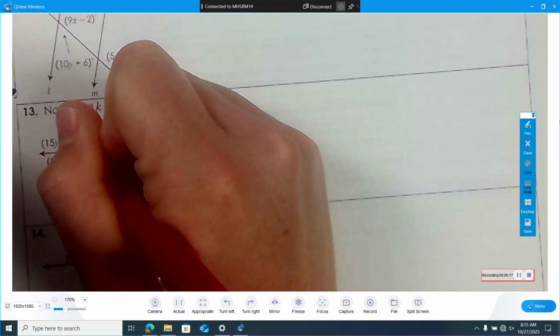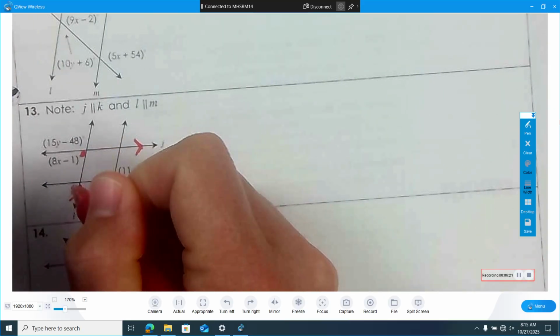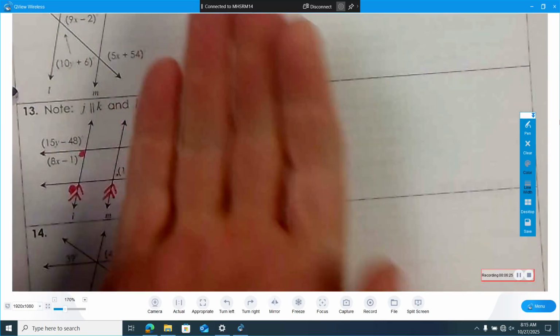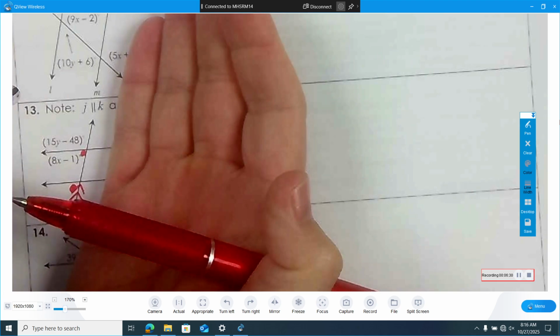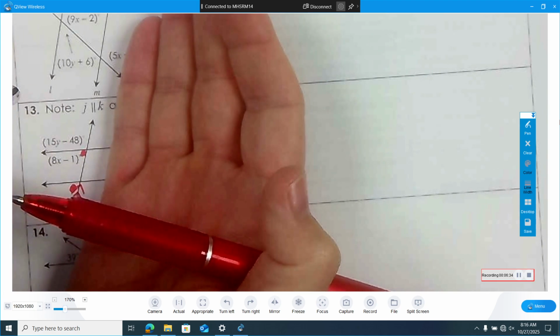However, if this is 8x minus 1 and I have a parallel line, what's this angle down here? Because those two angles are, what kind of angle? Corresponding, yeah. Those two angles are corresponding.